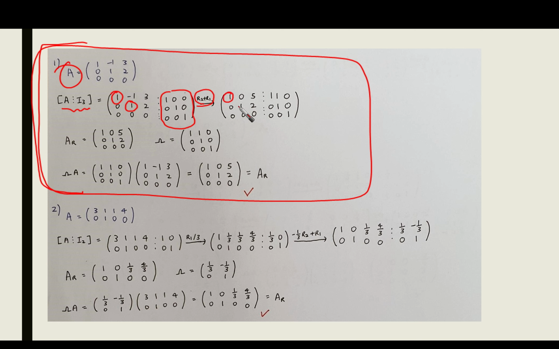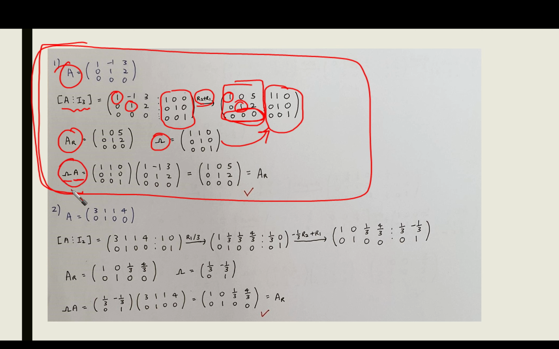Then we have leading entry here, and this is zero row here. And this identity matrix is going to be formed. So in this case, AR is going to be this matrix, and this omega is going to be the formation of the identity matrix, and then multiply for verification.